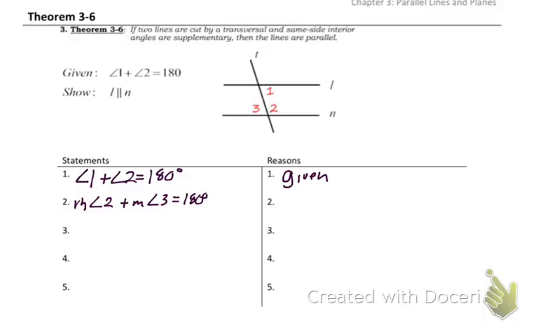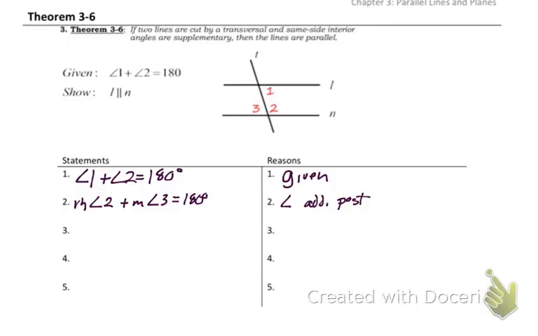And I'm not going to use the definition of supplementary because I'm adding two angles together. So the better one is angle addition postulate. All right, so I have 2 plus 3 equals 180. I got 1 plus 2 equals 180. Somehow I need to get to 1 equaling 3.